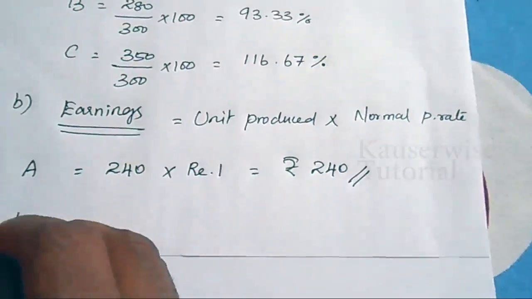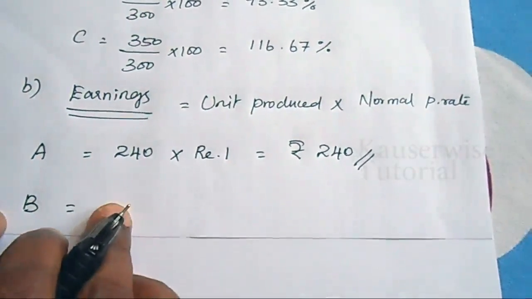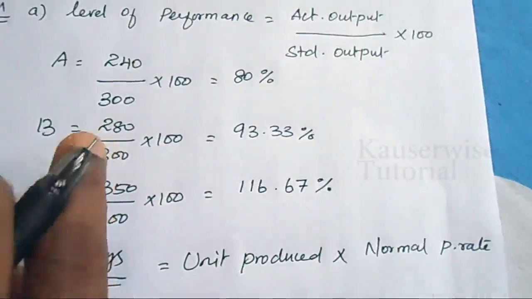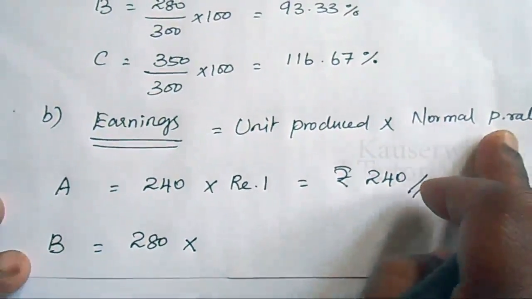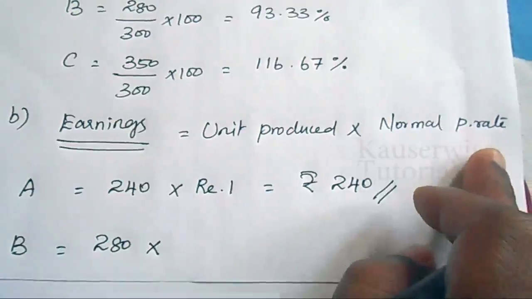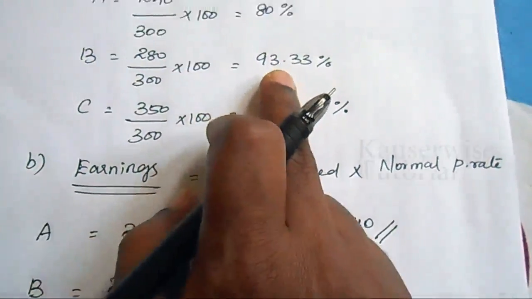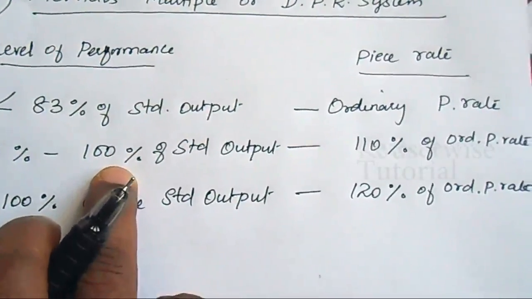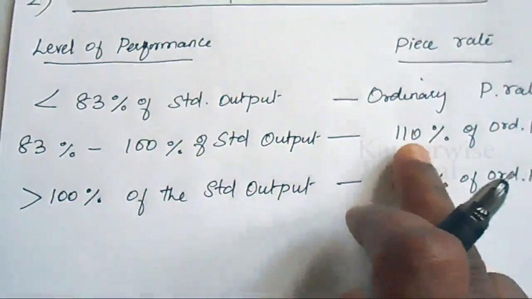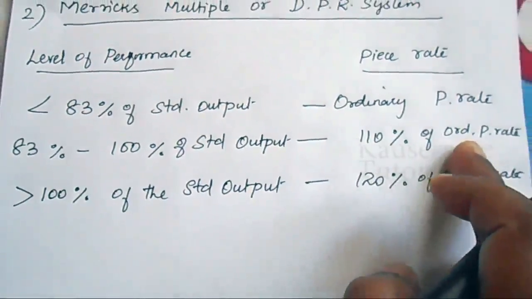For B, how many units were produced by B? 280 units. So 280 into, now we have to find the wage rate. So his performance is 93.33%, which comes under the second category. 93.33, no, that is 110% of ordinary piece rate.